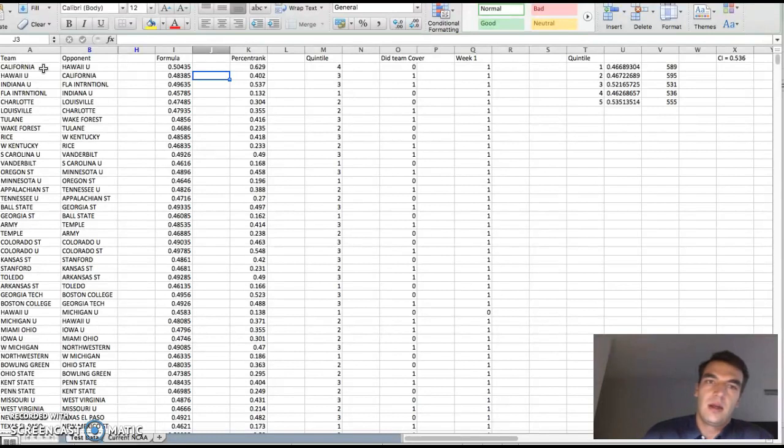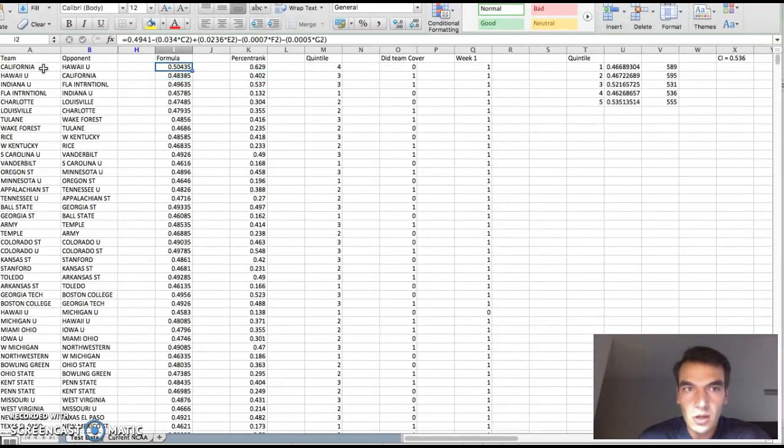And how you do that is you run a simple percent rank formula on the values from our formula from our games. It takes us from 0 to 1 and then percent rank. So for instance, 0.50 is in the 63rd percentile. Then we separate them into buckets.